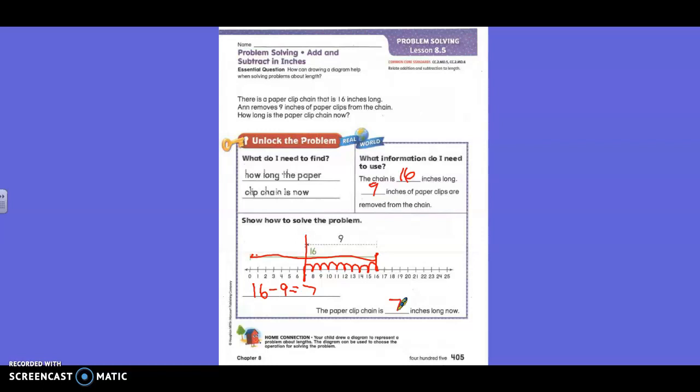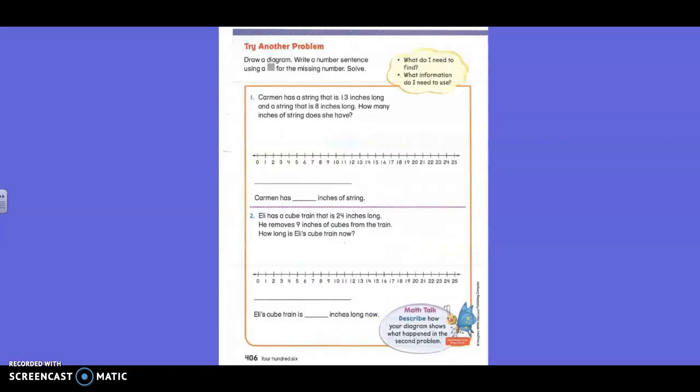Okay, turning the page when we're done. Okay, try another problem. Let's read this up here. Draw a diagram. Write a number sentence using a box for the missing number. Solve.